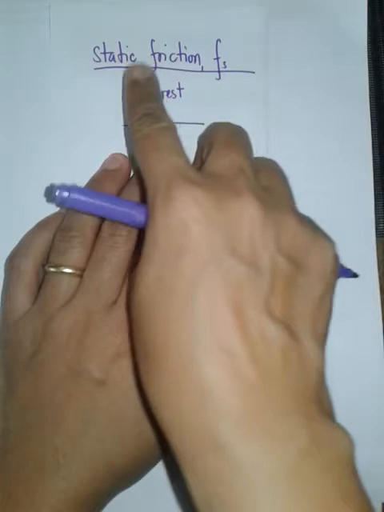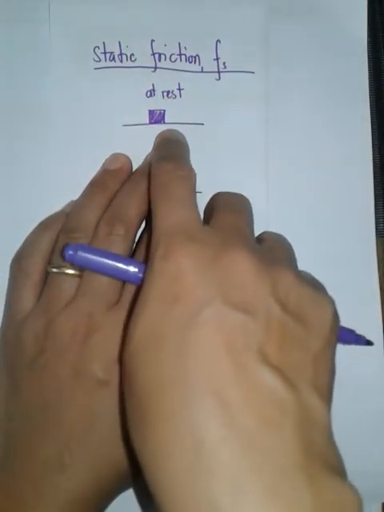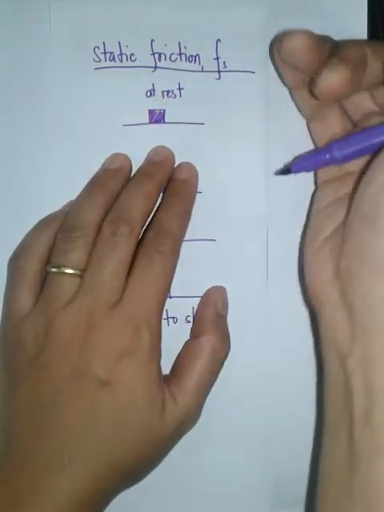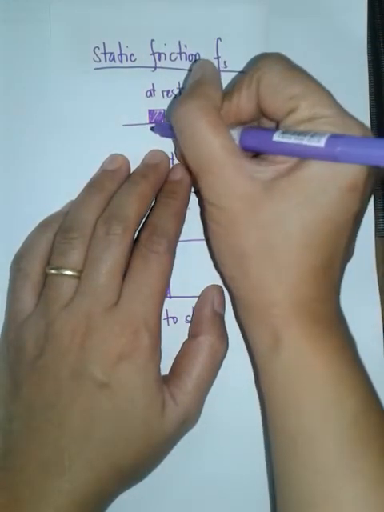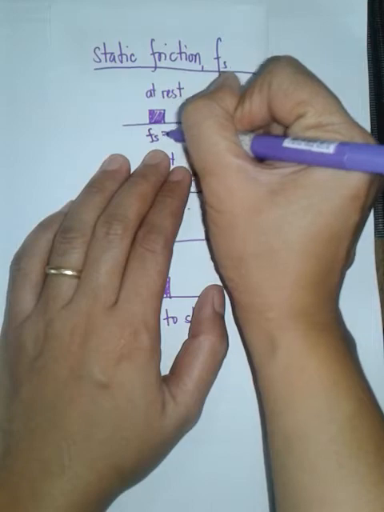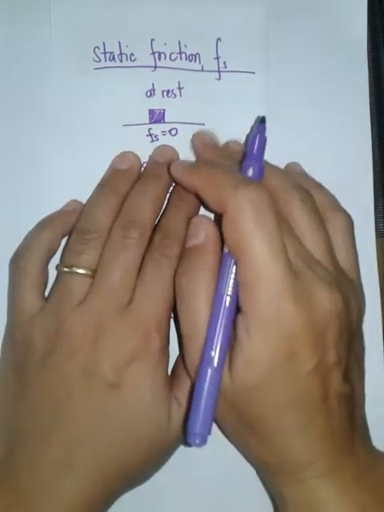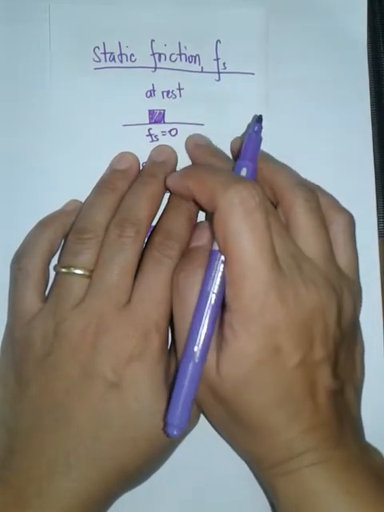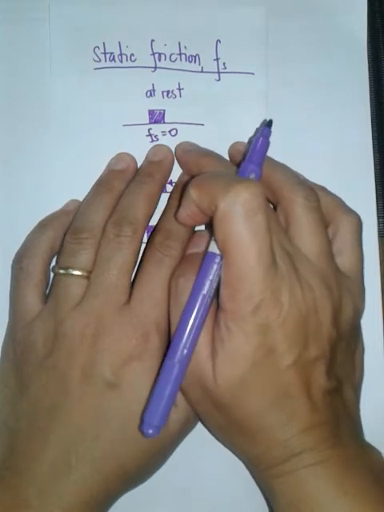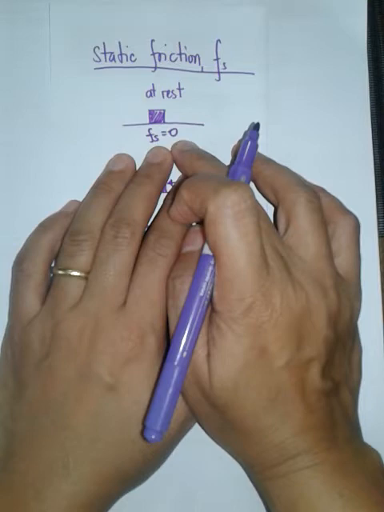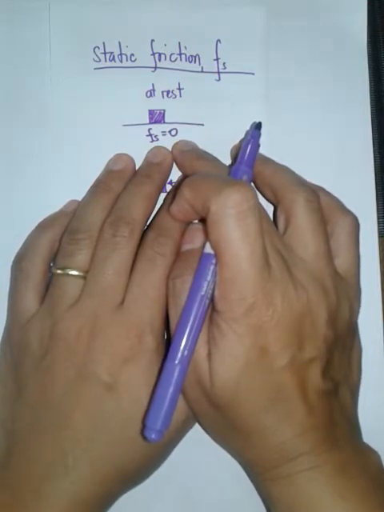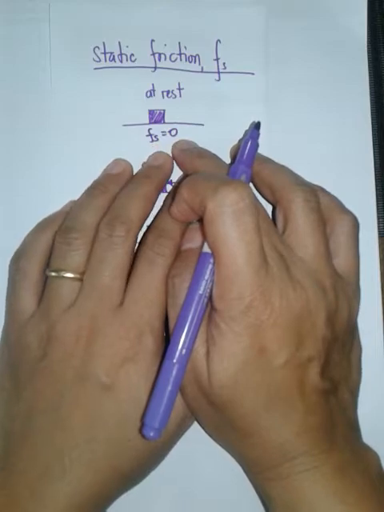In this case, the box is just sitting there, with no force to oppose. So static friction is 0, because there is nothing to oppose when it's at rest. Static friction opposes the possible start of motion.